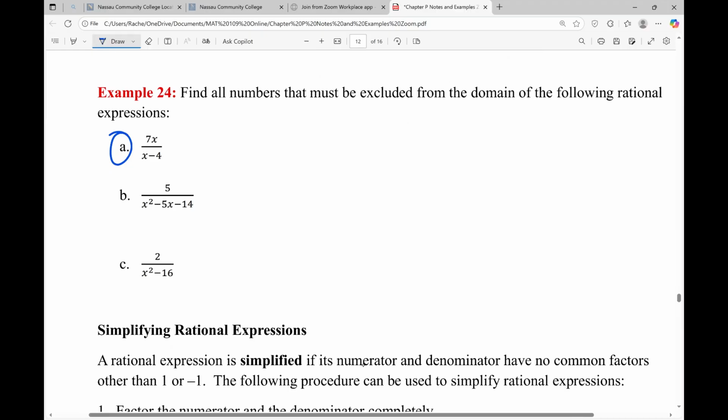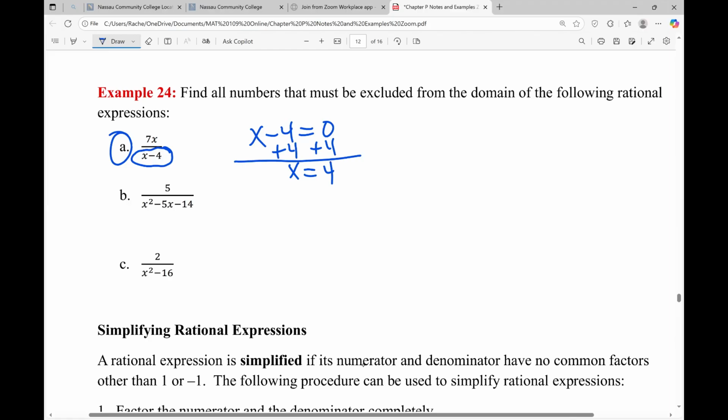When would the denominator be equal to 0? Because whatever that value of x is, we need to exclude it from the domain. So set x minus 4 equal to 0 and solve. If I add 4 to both sides, I get x equals 4.